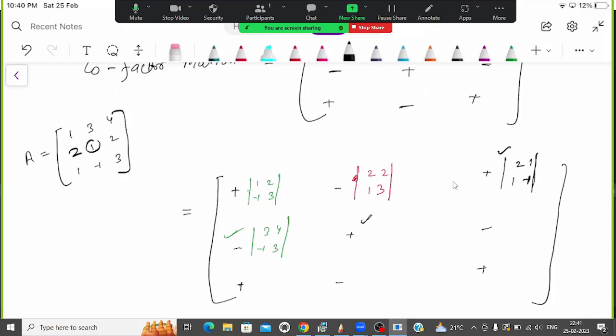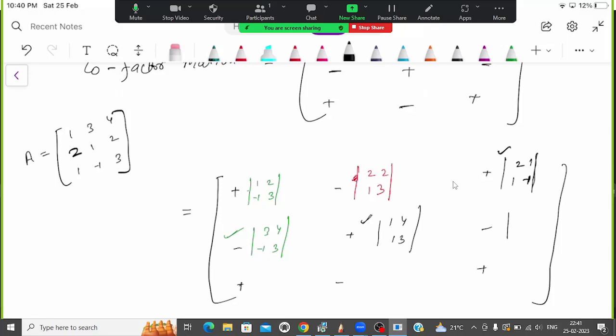You hide this row, this column, and write the remaining elements 1 4, 1 3. Okay, you understood the pattern of how I am calculating. Now you follow this pattern.